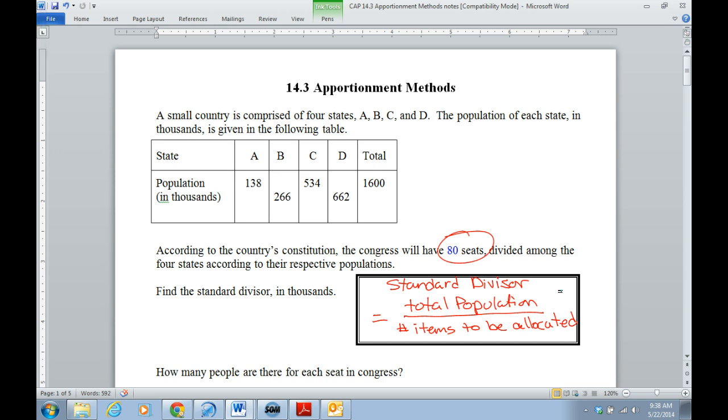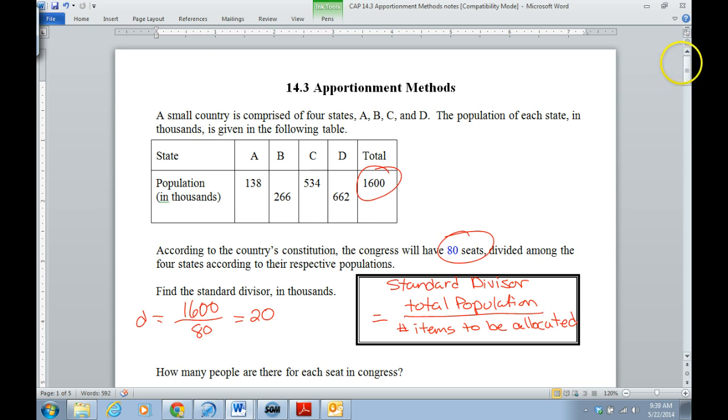In this case, we have a total population of 1,600. So we're going to take 1,600 and divide it by the total seats that we have. That's 80. So our standard divisor in this case, and we're going to call that little d, is going to be 20.